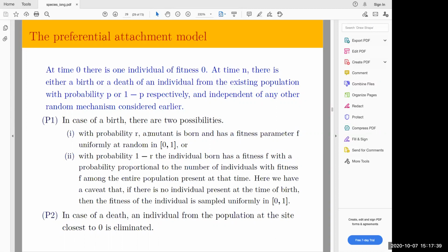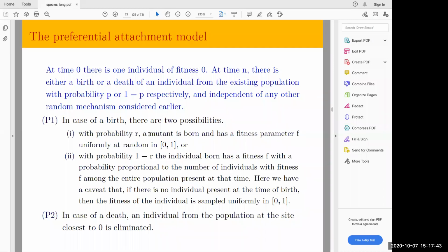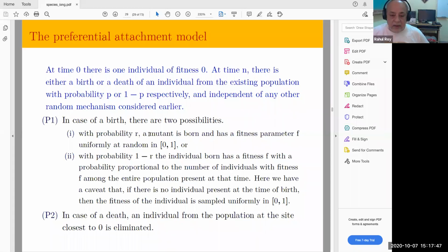The fitness F is always in 0, 1. Yeah. And if an individual is born but it's not a mutant, then it chooses one of the existing fitnesses. And what is the manner of choosing?